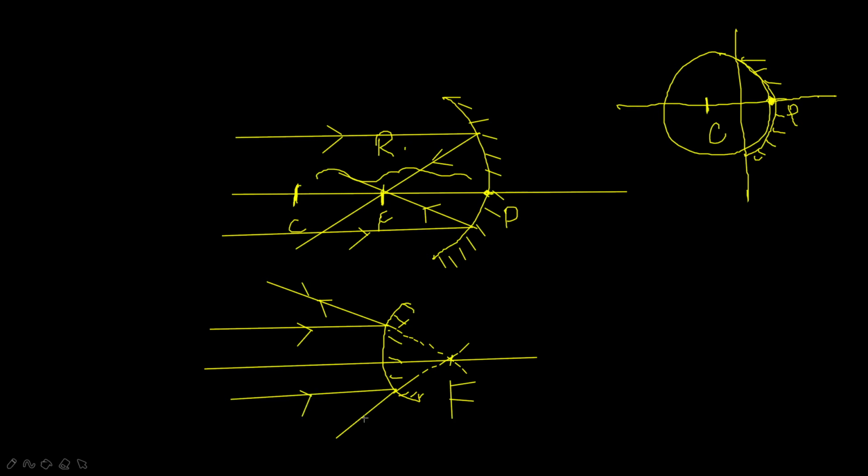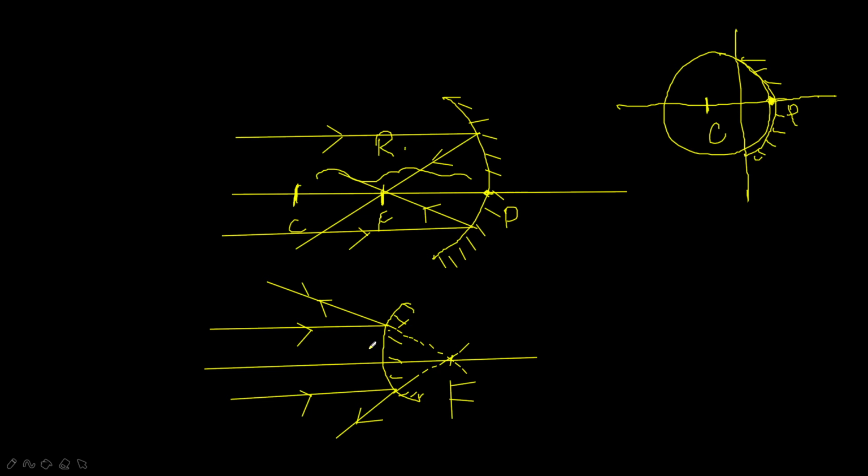All the light rays hit the reflecting surface and diverge. That's why it is called a diverging mirror. Convex mirror is called a diverging mirror and concave mirror is called a converging mirror. The principal focus of a convex mirror is the point on its principal axis from which a beam of light rays initially parallel to the principal axis appears to diverge after being reflected from the convex mirror.